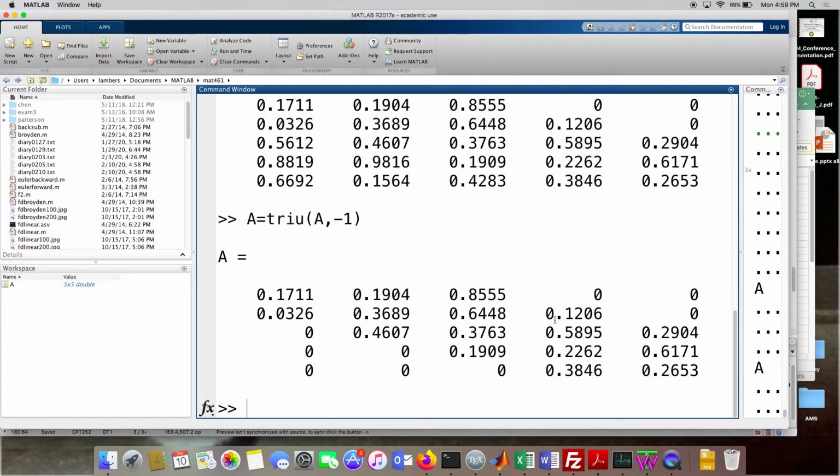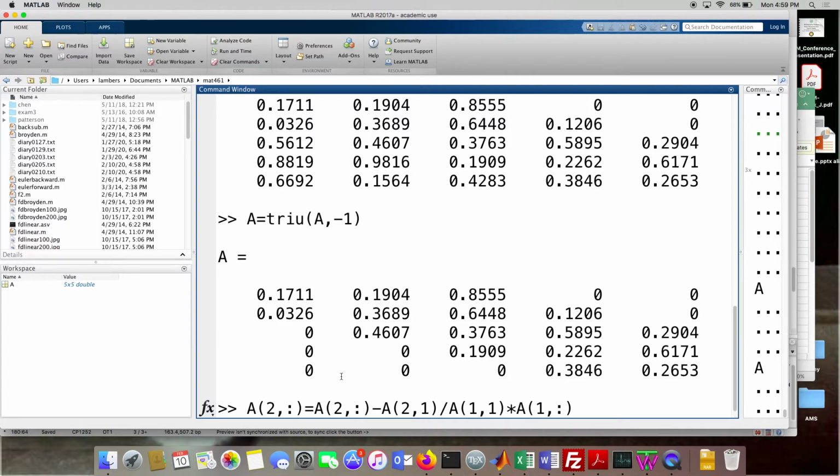Now, if I were to do Gauss elimination with partial pivoting, in the first column there's no need to pivot. So row 2 is equal to itself minus the multiplier, A21 divided by A11, times row 1.